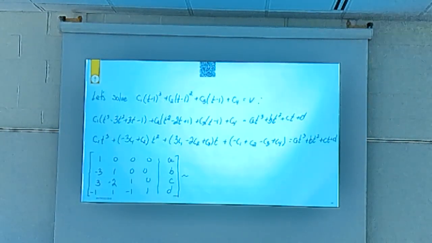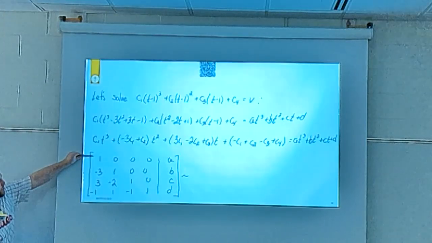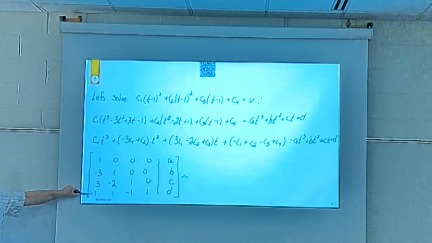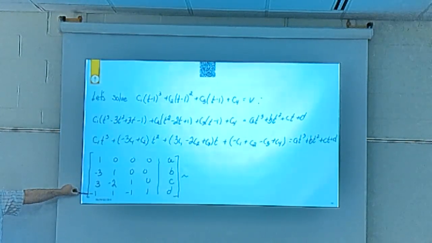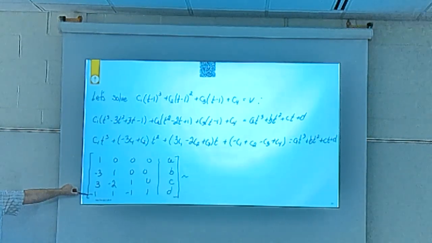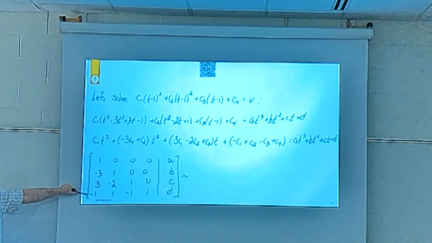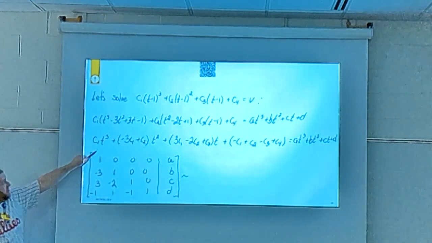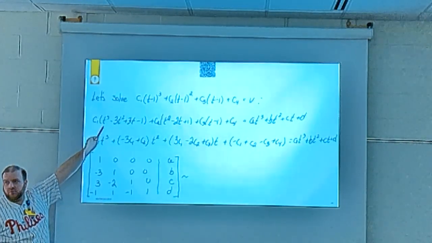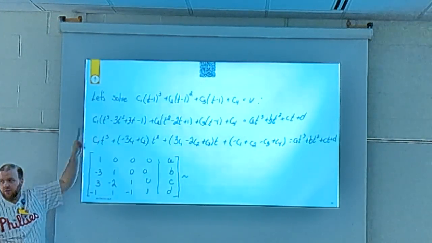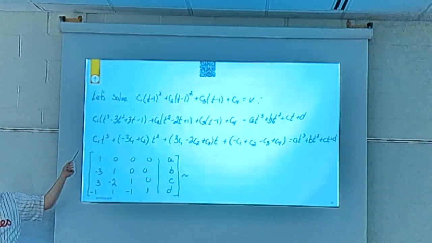Now, I want you to look at that. What do you notice about column 1? Right, more specifically, it's the coefficients in your first vector, your first column.